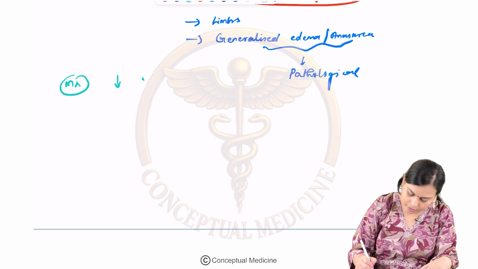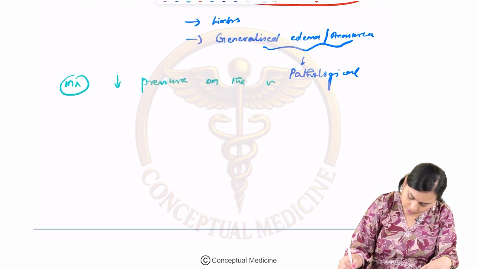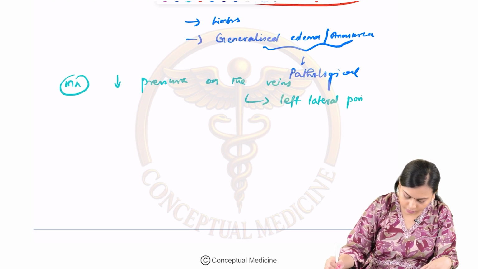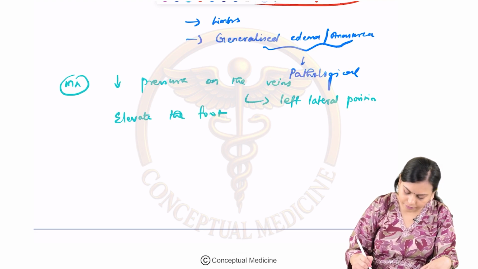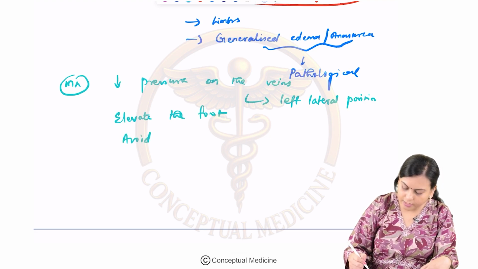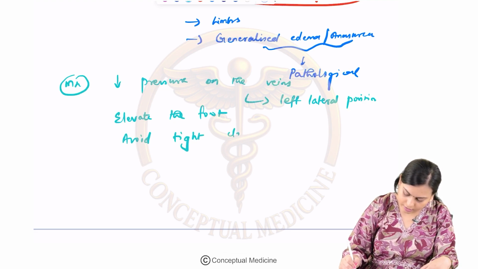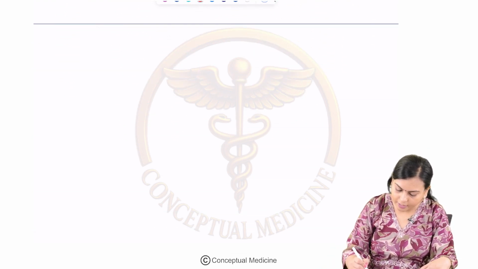Management is by decreasing the pressure on the veins. How? Yes, it is the left lateral position. Then you have to ask them to keep their foot elevated. Then in this case you have to avoid tight elastic stockings.